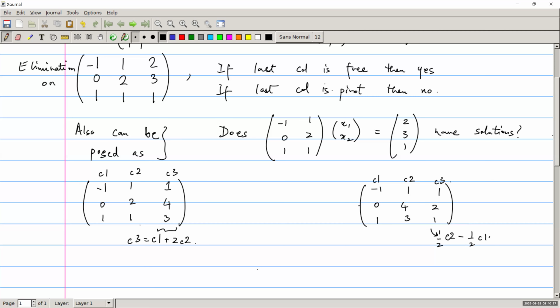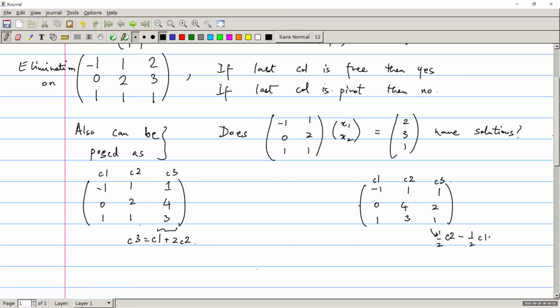So when you swap around the order of columns, the identities of pivot and free columns could potentially change, but there is actually one thing that does not change. What does not change is the number of free columns and the number of pivot columns. That never changes no matter how you rearrange the columns, as long as you're permuting the columns.